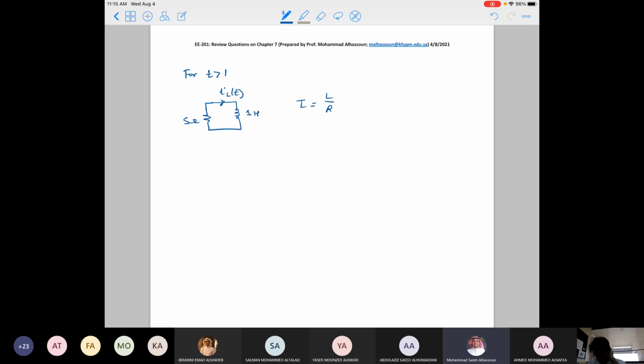So it's going to be 1 divided by 5, which is 0.2 seconds. The initial value will be the value at t equals 1.